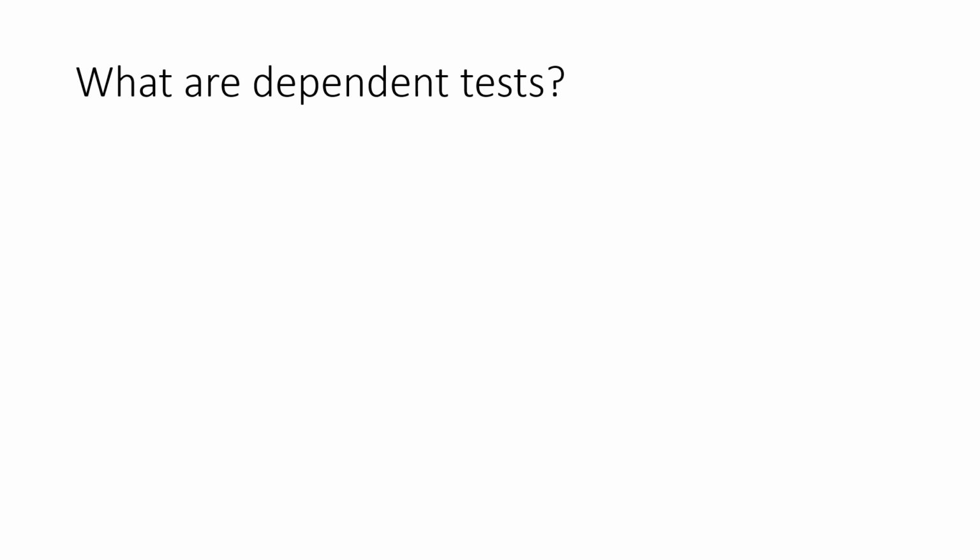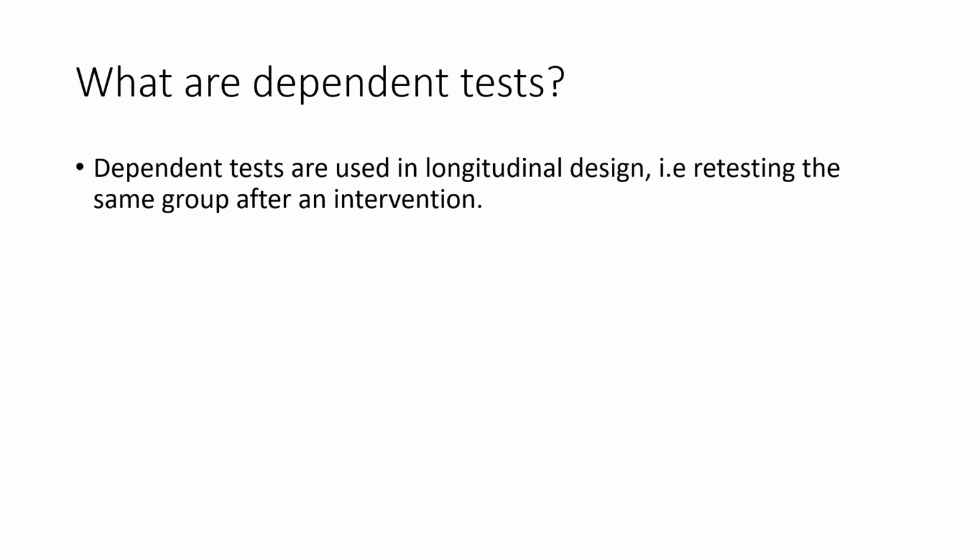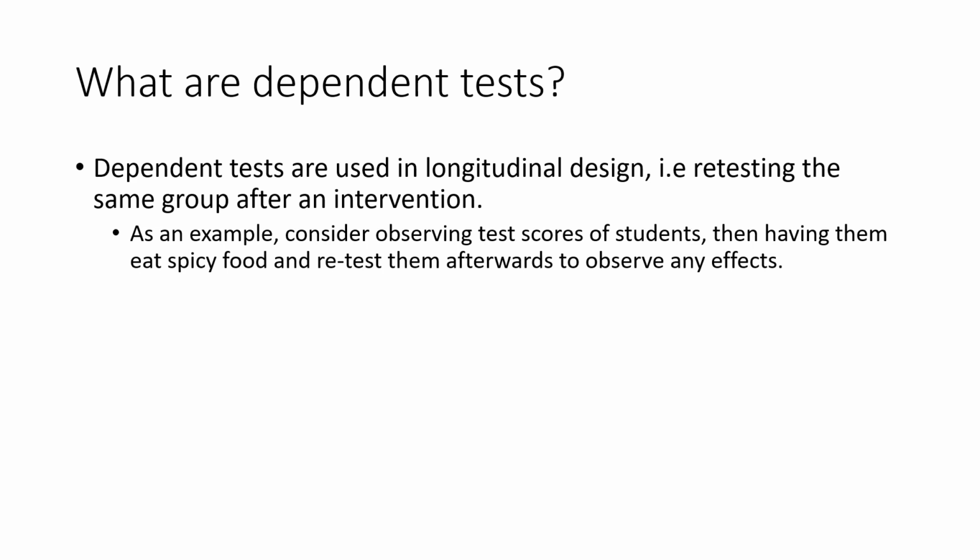So, an initial question: what exactly is a dependent test anyways? Dependent tests are used in longitudinal designs, which is kind of like a sequential design. For example, say you have a group of students, and you're observing test scores of this one group.